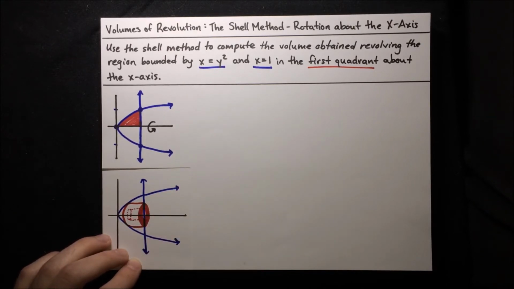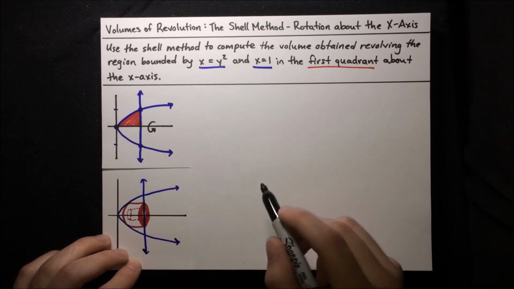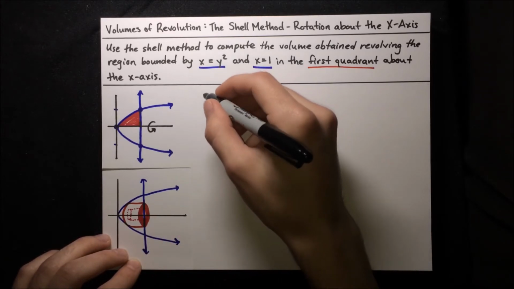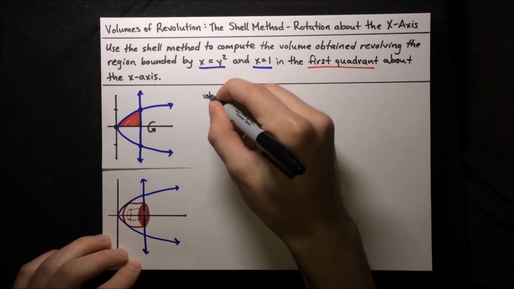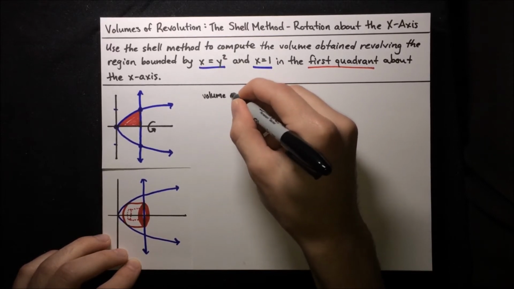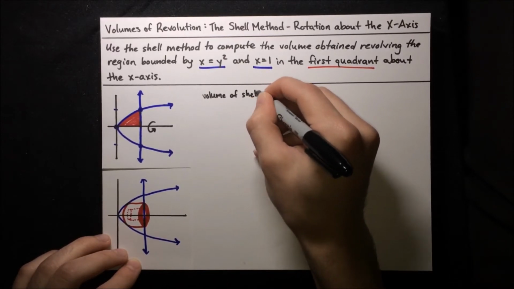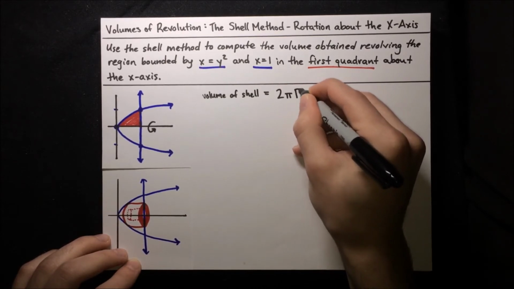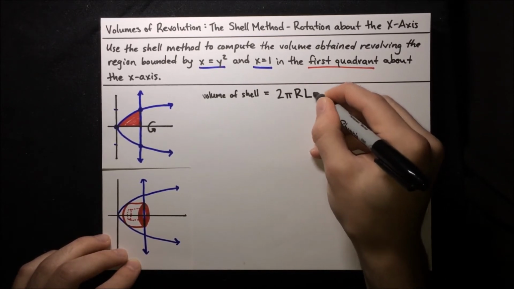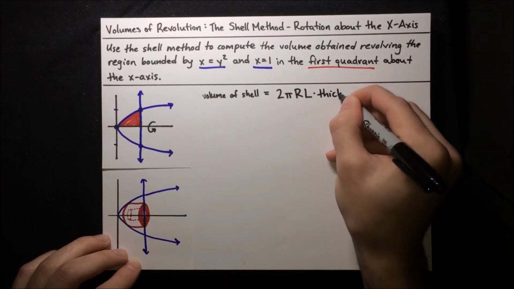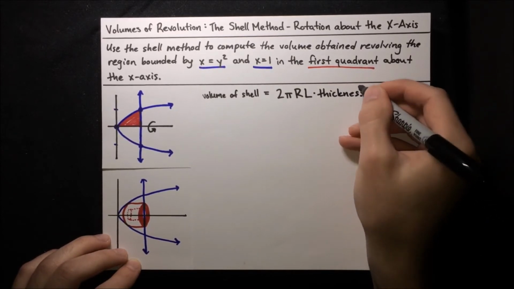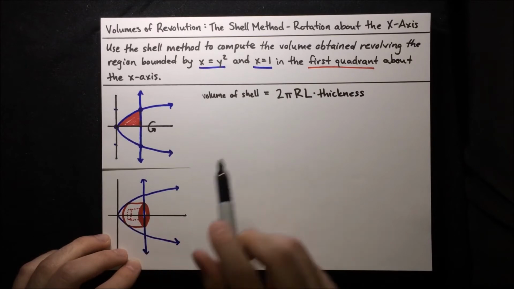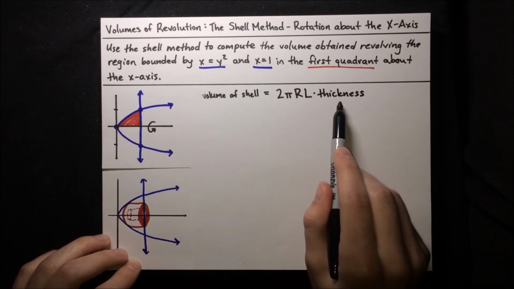Now let's recall our volume formula for the volume of a cylindrical shell. We know from the previous slide that the volume of a shell is equal to 2 pi times the radius times the length times the thickness of that shell. And let's go ahead and look at our shell and figure out what the radius, length, and thickness are here.